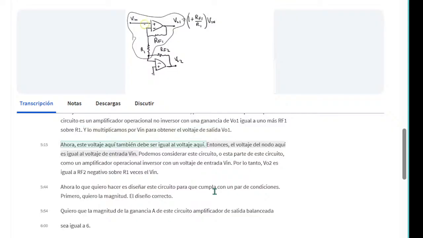Now, this voltage here must also be equal to the voltage here, so the node voltage here is equal to the input voltage Vn. We can consider this portion of this circuit to be an inverting op-amp amplifier with an input voltage Vn. So VO2 is equal to negative Rf2 over R1 times Vn.